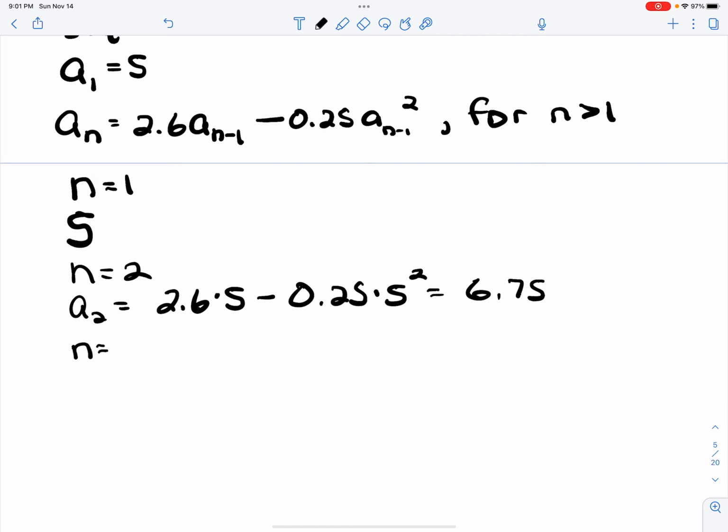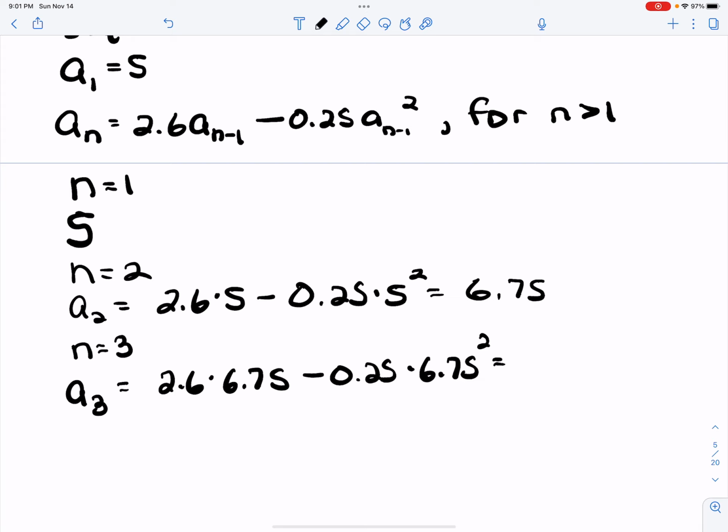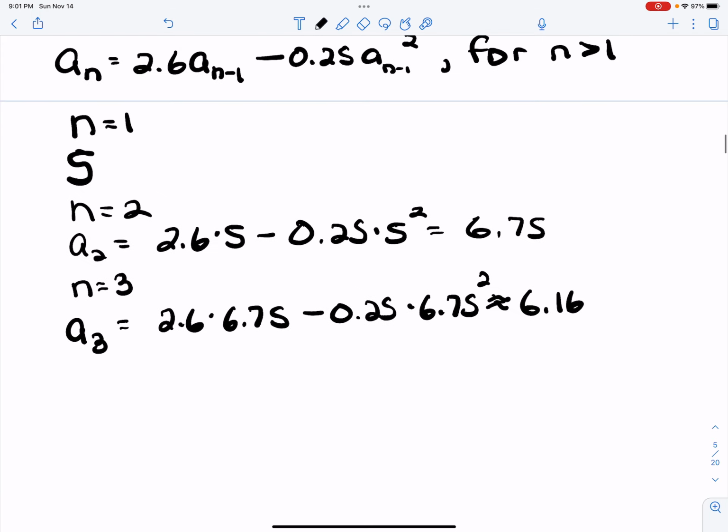And if you want to do it for n equals 3, a sub 3 equals 2.6 times the 6.75 from a sub 2 minus 0.25 times 6.75 squared. If you do that, you get approximately 6.16. Now, I'll leave it up to you to keep doing more.